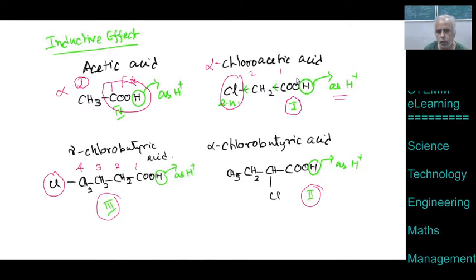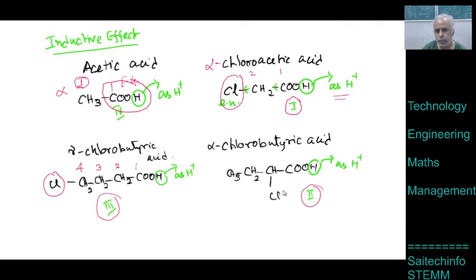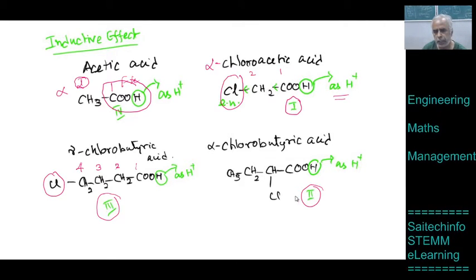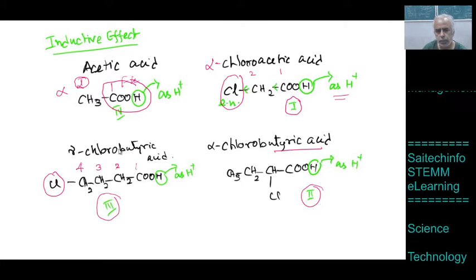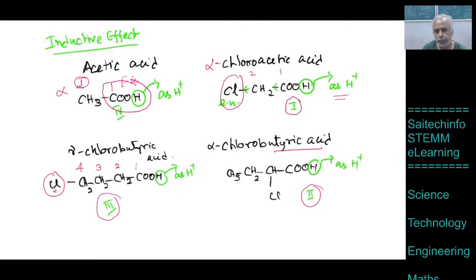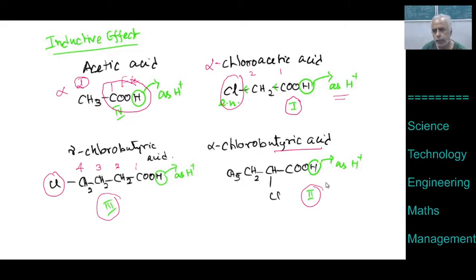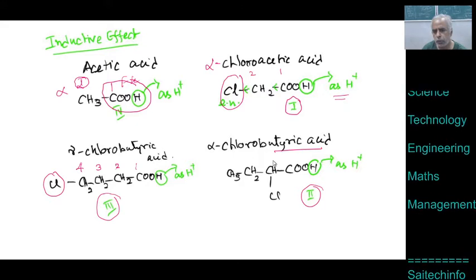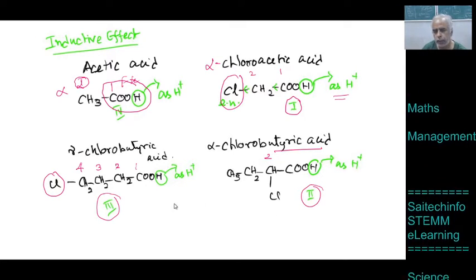So alpha chloroacetic acid is more acidic, and let us compare these two. Both of them are butyric acid, but in this case chlorine is attached to the fourth carbon atom, whereas here chlorine is attached to the second carbon atom, and that is why this is stronger than this one.